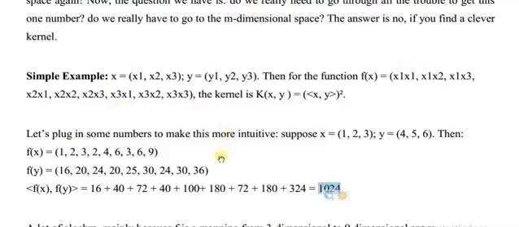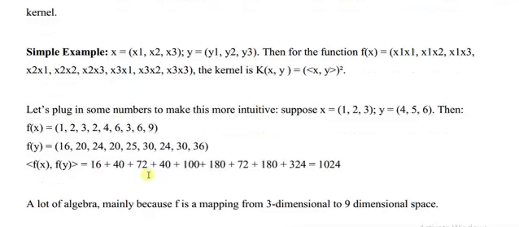Now, is there any shortcut method that can minimize all the computations we performed? Is there a shortcut to get this 1024 by eliminating some of the steps? That is provided by the kernel function. A lot of algebra is involved, mainly because f is a mapping from 3-dimensional to 9-dimensional space.